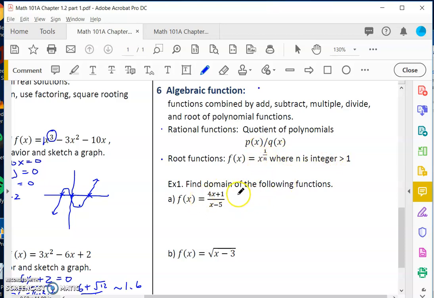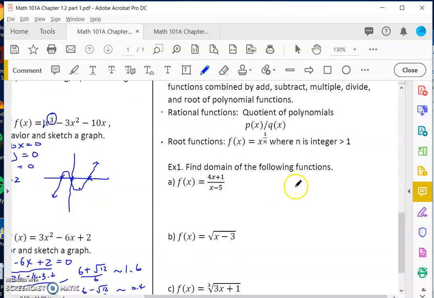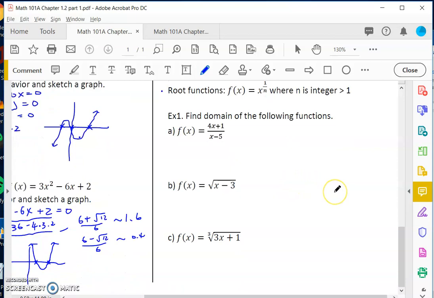So the first thing we want to do to understand these two functions is to look at their domain. For a polynomial function, the domain is all real numbers. That's the natural domain. And all the add, multiply, or polynomial algebraic functions also have all real numbers as natural domain. But for rational and also the root function, the domain is a little different, because we do not want to divide by 0.